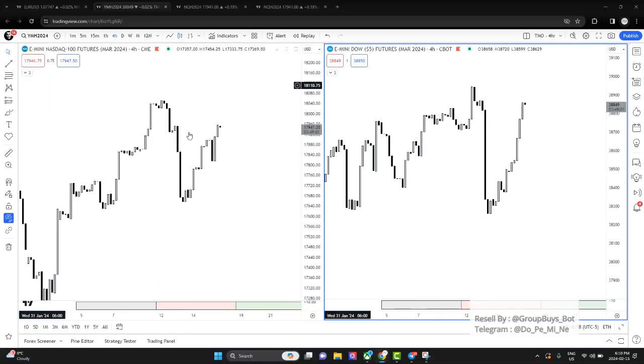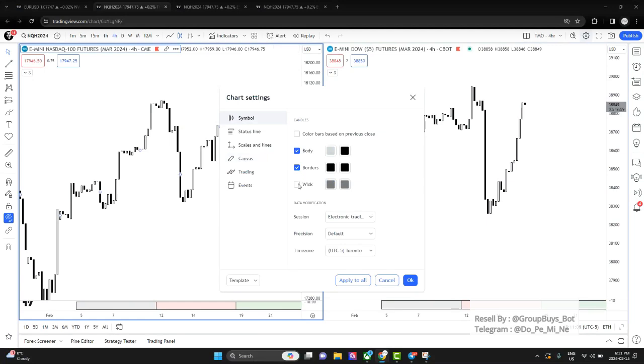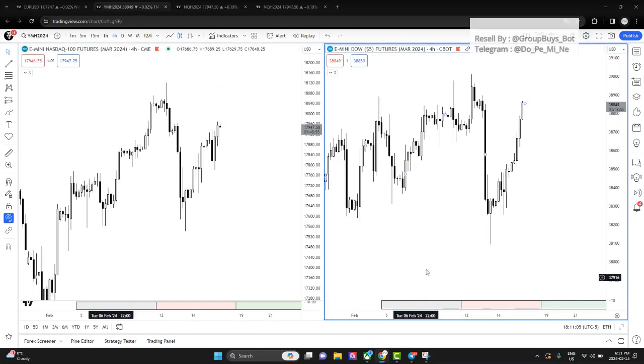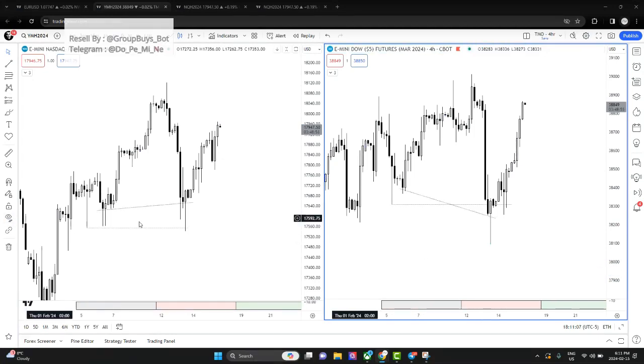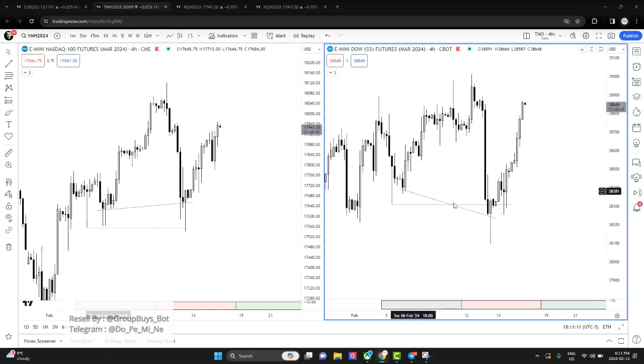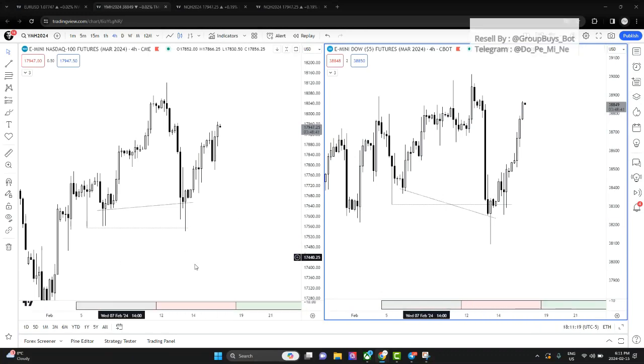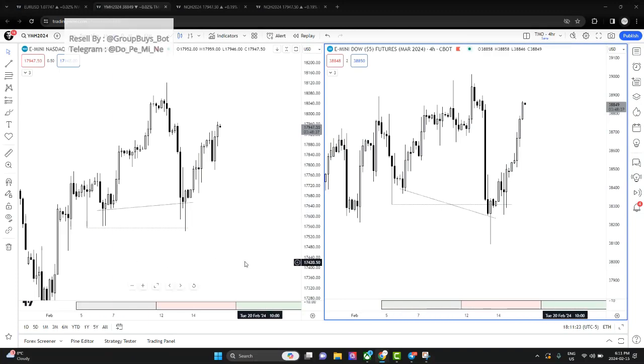So now I'll just turn the wicks back on so you guys can see. Someone that uses traditional SMT won't see this. They can't see this. First of all, to understand this, you need to understand sequential SMT. To understand that, you need to understand quarterly theory, right?